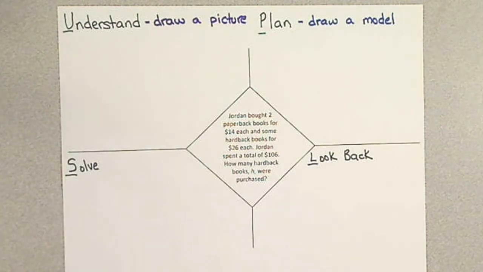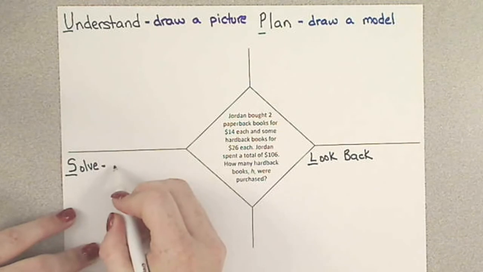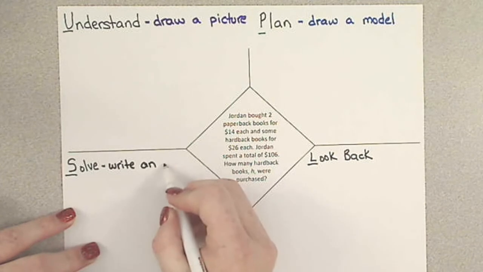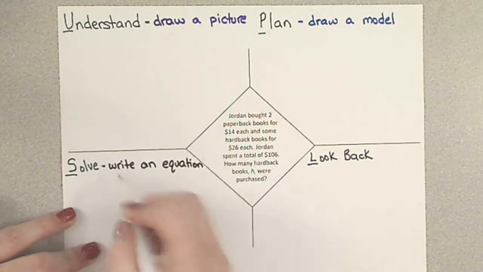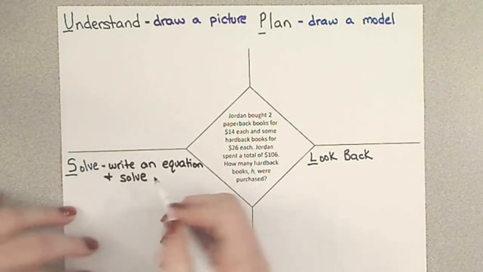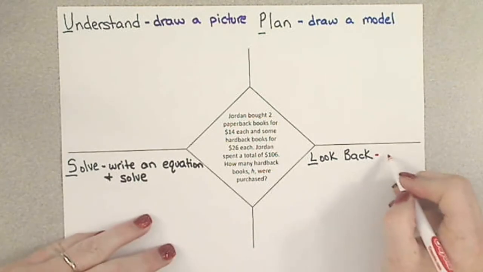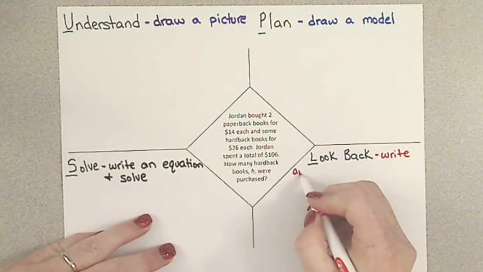The S for solve means that you are going to write an equation and solve. And then look back is where you are going to write an explanation.